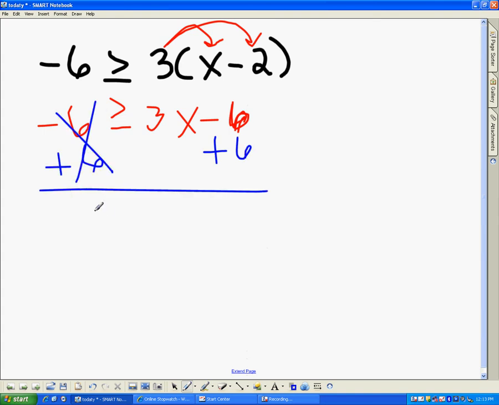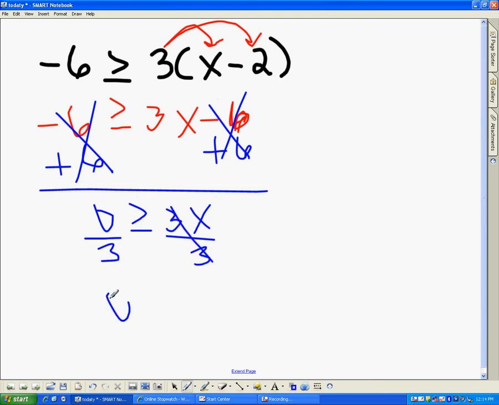This is 0 is greater than or equal to 3x, and then this minus 6 plus 6 cancels out, and so I'm going to divide both sides by 3, and so 0 is greater than or equal to x.